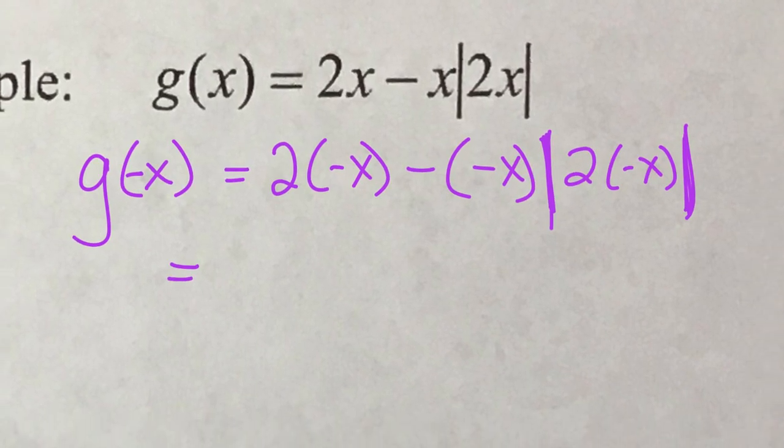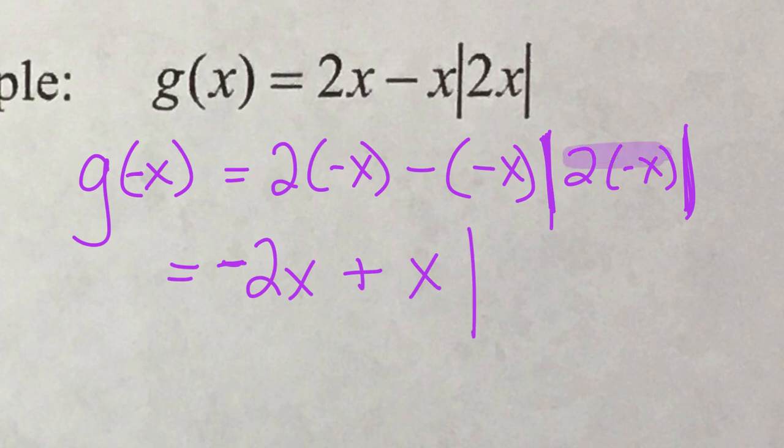And then we simplify. 2 times negative x is negative 2x. Here I have a negative times a negative. A negative times a negative is a positive, so plus x. And then I can go ahead and change this: a negative x in absolute value is the same as a normal x. So I'm going to switch that one right now.